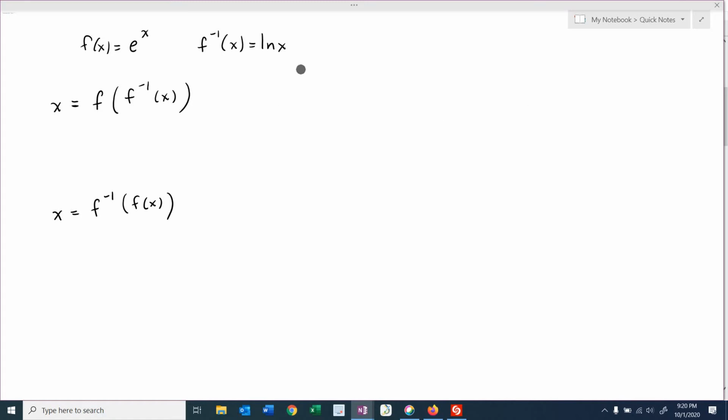Now, one way of seeing this is we know that f of 0 is e to the 0, which is equal to 1. Okay? If I say f inverse of f of 0, well, f of 0 is 1. So this would be f inverse of 1, which means I'm plugging a 1 into this natural log function.